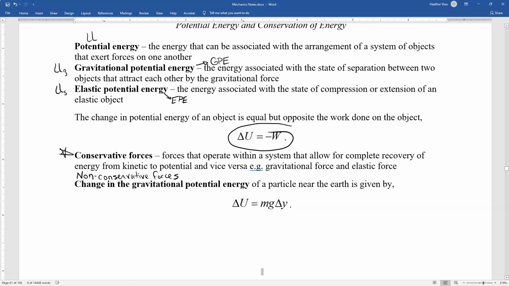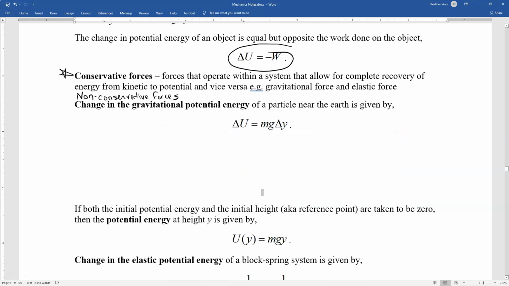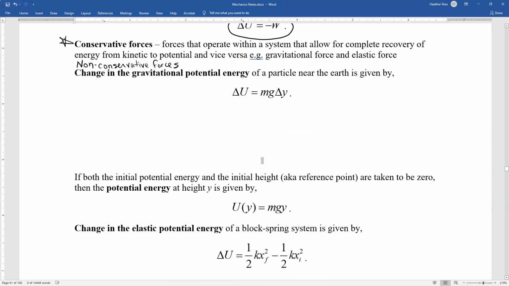So then we start talking about the change in gravitational potential energy. If you remember from class, we had that nice little roll of duct tape. So if I have that roll of duct tape and I move it up into the air, from one height up to another height, this is our change in y.